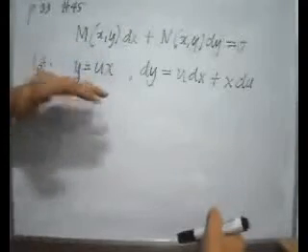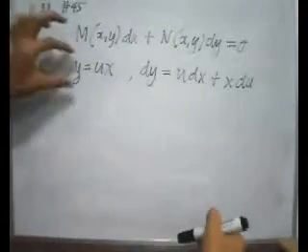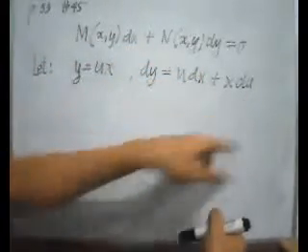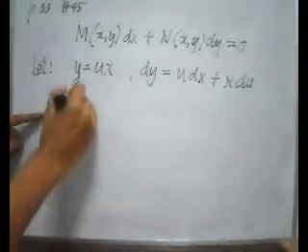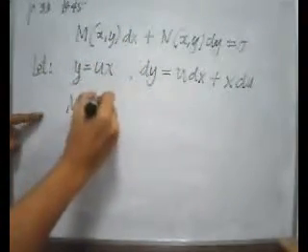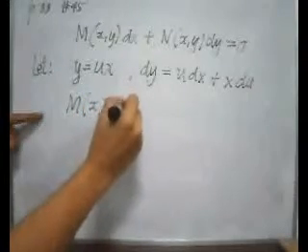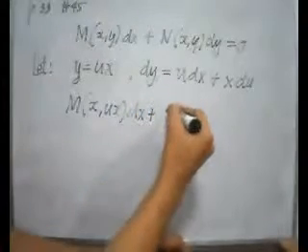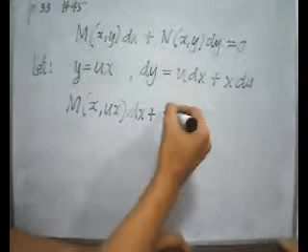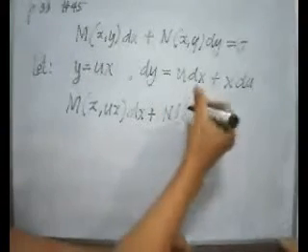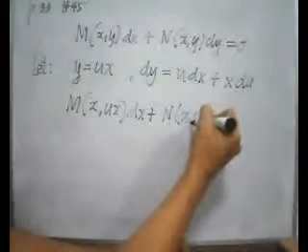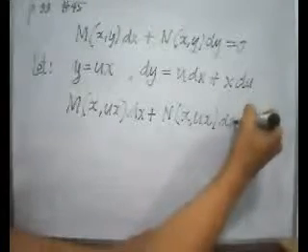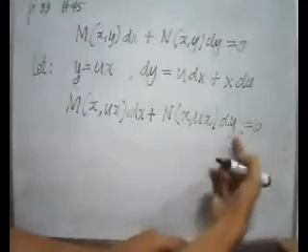So I now have my substitution values: y equals ux and dy equals this one. If I substitute this in the equation, it will go like this: x M(1,u) dx plus x N(1,u) dy equals 0. I haven't substituted the dy in yet.